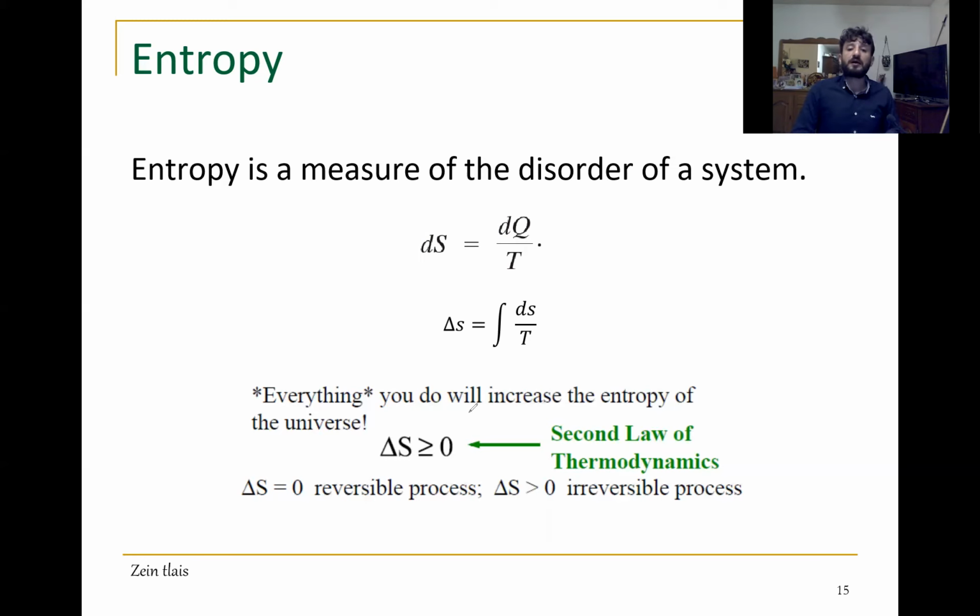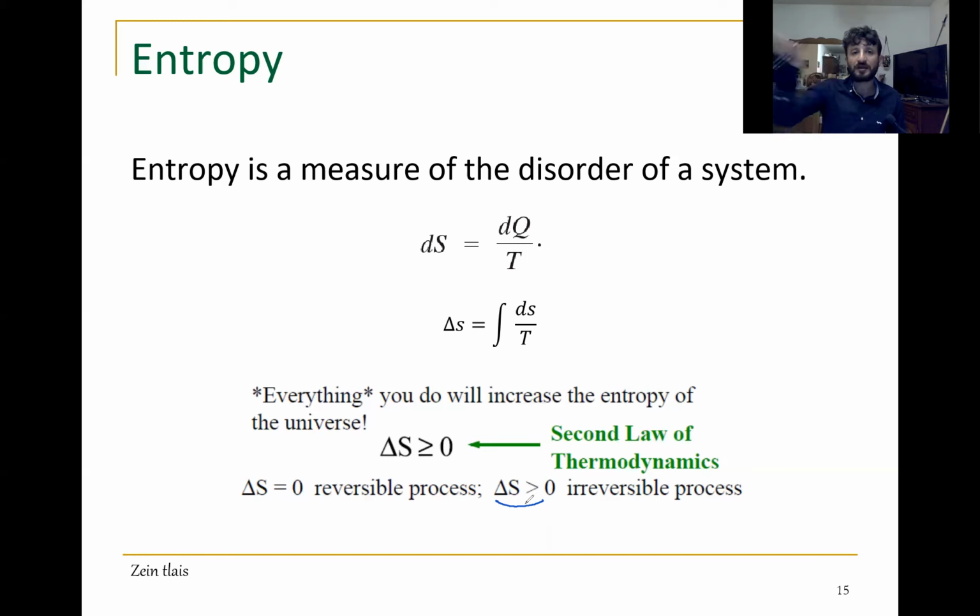So, I repeat, in general, any irreversible process has delta S that must be positive, because in nature we have a positive disorder.